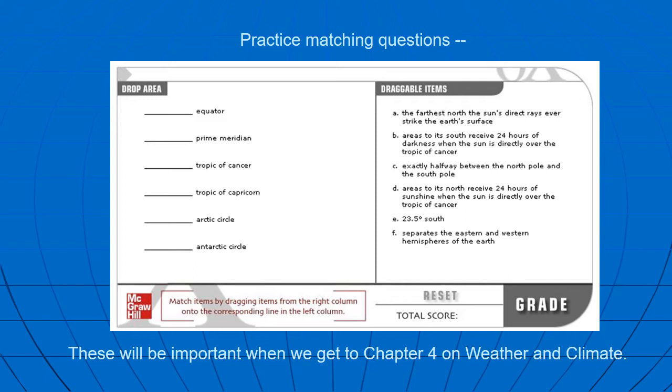Okay, here's a little practice quiz, which I wanted to go around the classroom and ask everybody, can you answer these questions? These are some matching here. These actually come up more so in Chapter 4, so I'm not going to spend much time on it here today.